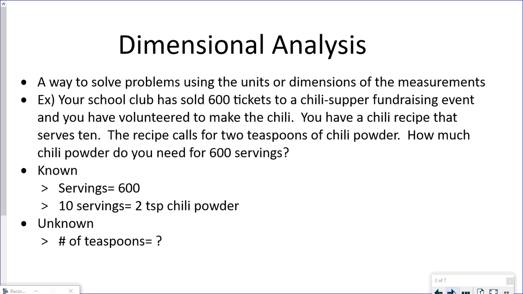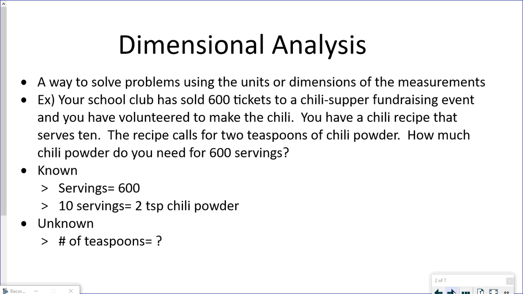Well, I don't have a recipe for 600 servings of chili, but my chili recipe can serve 10 people. So I have to know how to scale that recipe to feed 600 people. My recipe calls for 2 teaspoons of chili powder, so I need to know how much chili powder I'm going to need to cover 600 servings.